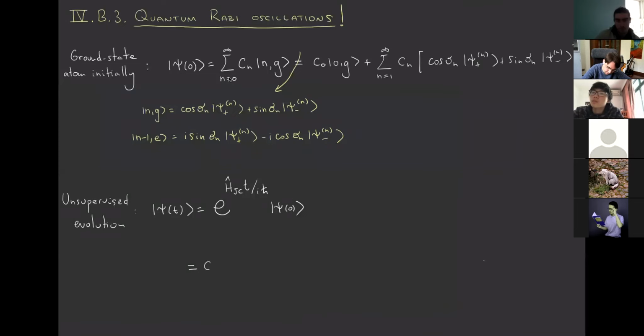So first, the part of the ground state just remains in the following way, with the phase i epsilon t over 2.